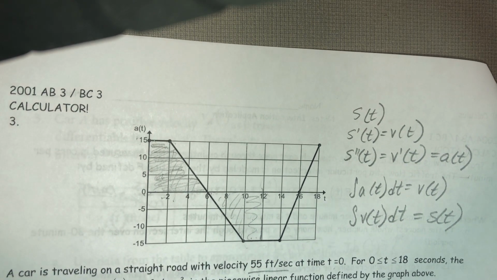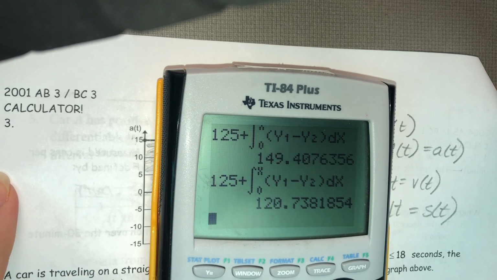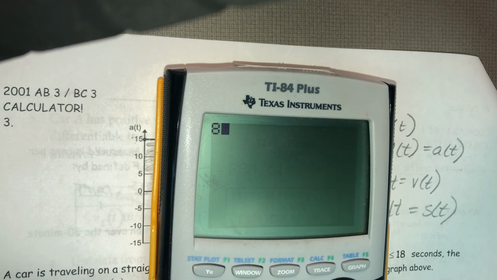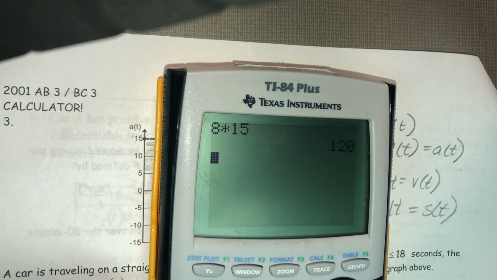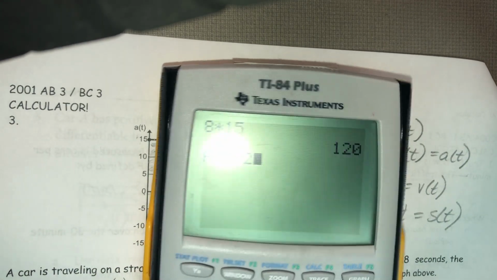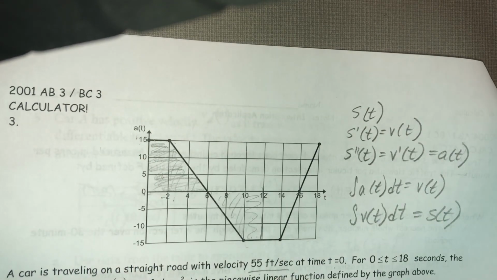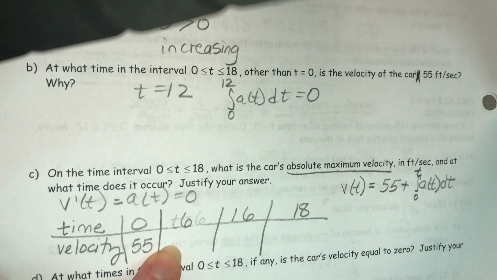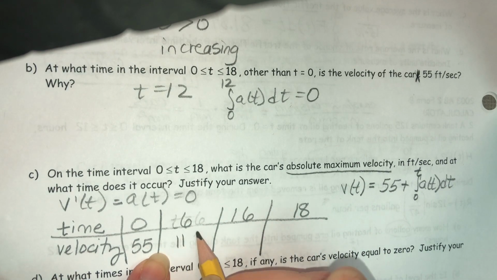So 8 times 15, this is a calculator problem, divided by 2 gives me 60. And then I'm going to take the 60 and add it to the 55 here. So that's going to give me 115.